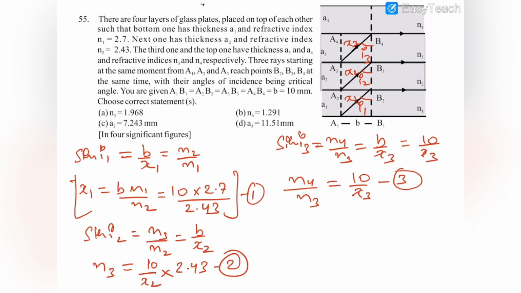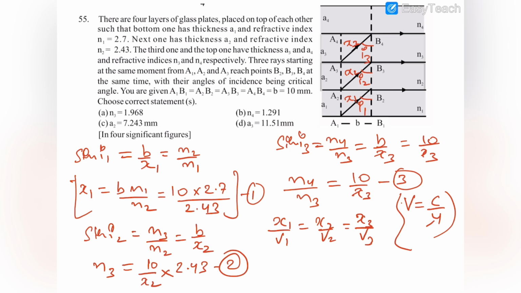It is also mentioned in the question that the time taken by these waves to travel from A1 to B2, A2 to B3 and A3 to B4 is the same, and the time will be equal to distance upon speed. So I can say that x1 by v1 is equal to x2 by v2 is equal to x3 by v3, and we know that v in a medium is c by mu, because mu is equal to c by v.